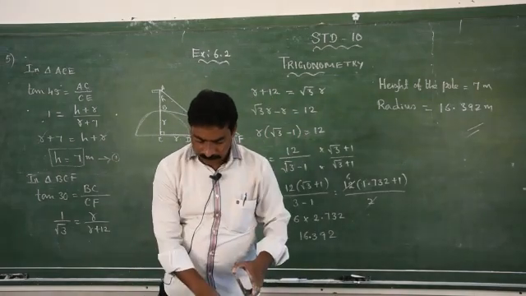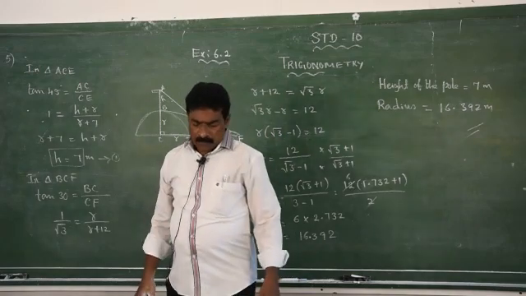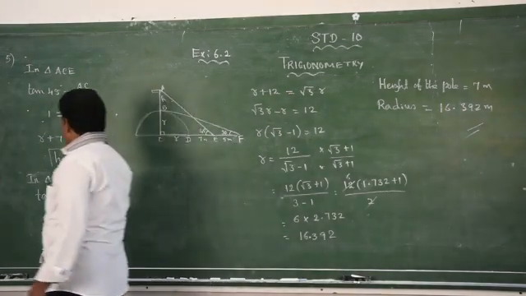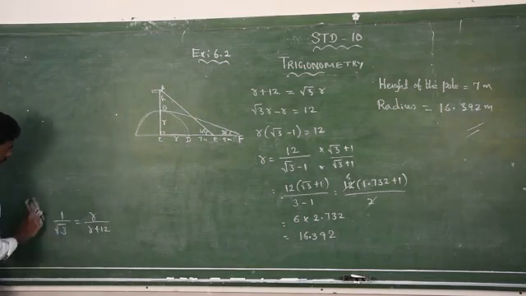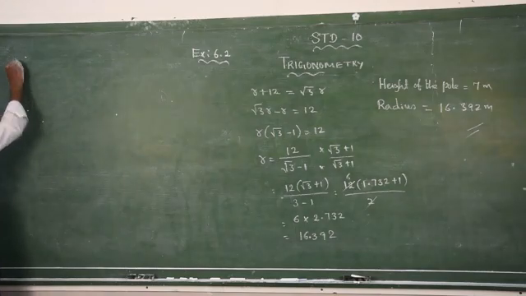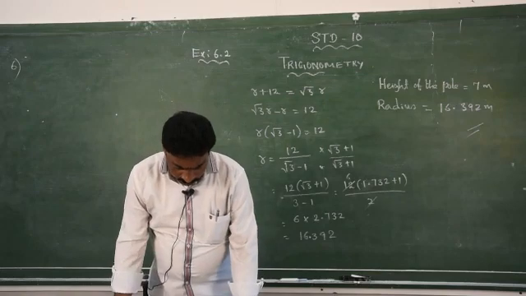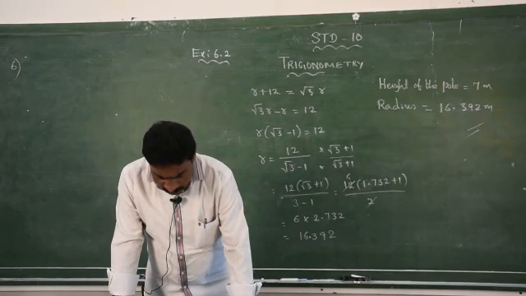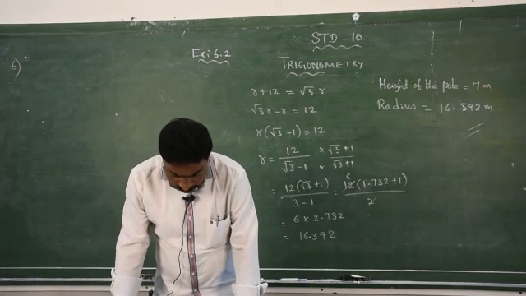The next sum, the sixth sum. The top of a 15-meter high tower makes an angle of elevation of 60 degree with the bottom of an electric pole and an angle of elevation of 30 degree with the top of the pole.